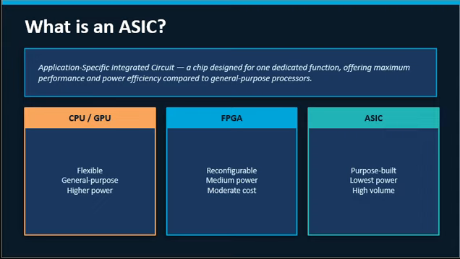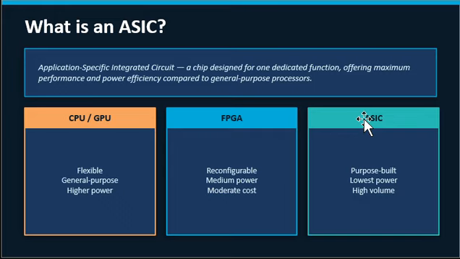Notice the comparison here. A CPU is flexible, it can run any code, but that flexibility costs power and area. FPGA sits in the middle. You can reconfigure the logic after manufacturing, which is great for prototyping, but it's bigger and less power efficient than a fixed design.